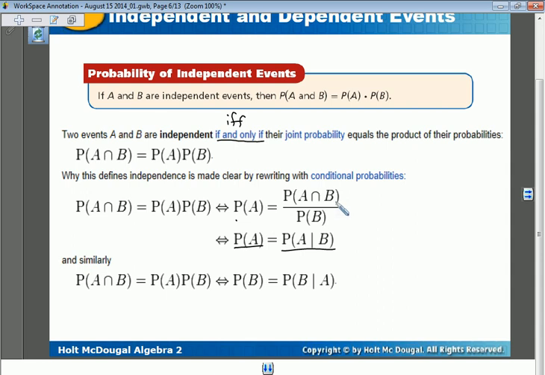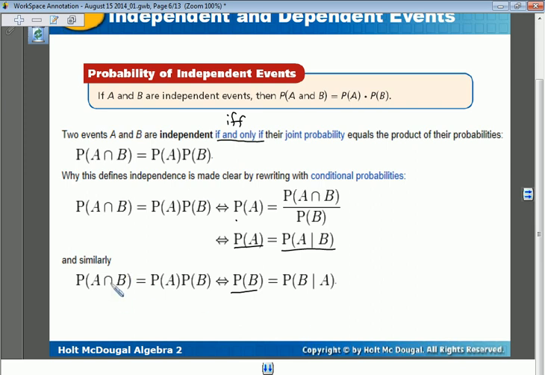And the way we find conditional probability is the probability of A and B happening divided by the probability of B. And this also goes the other way. The probability of B would be equal to the probability of B given A if we have independent events. Okay, this is going to make a lot more sense when we look at our tables today. We're going to focus on the tables.